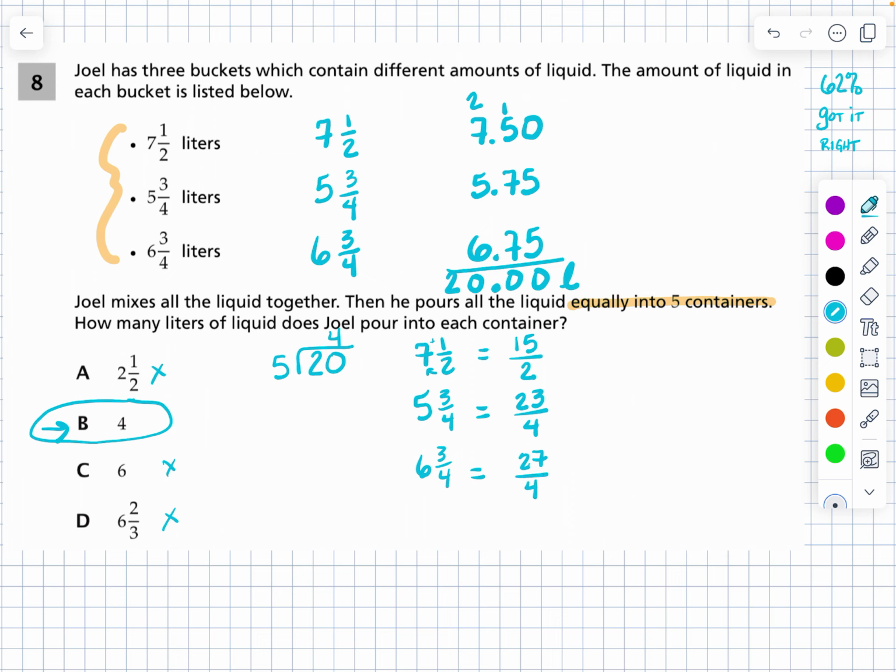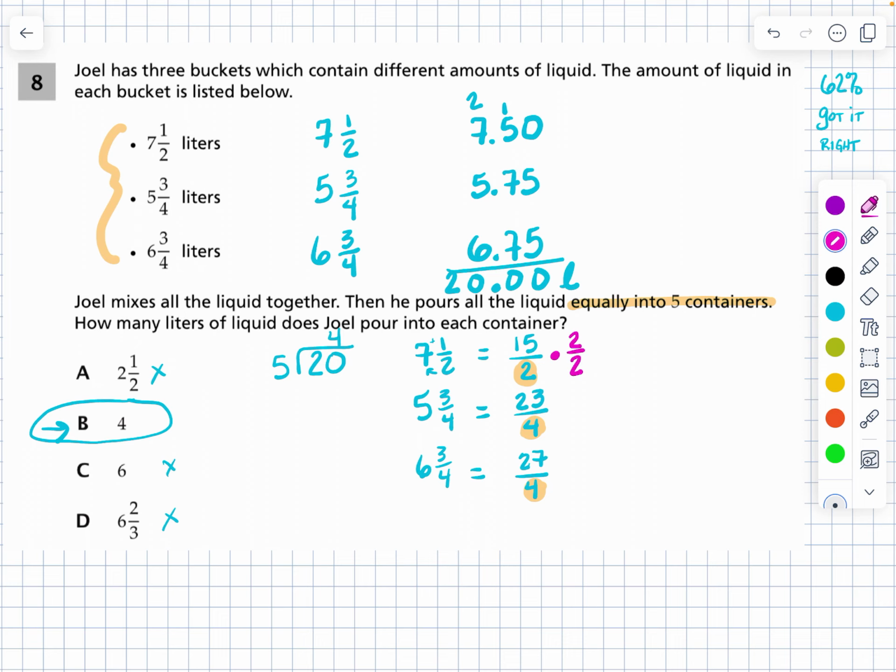All right, now when we're adding fractions, all of these denominators have to be the same, and you can see 15 over 2 is not. So I'm going to change that by multiplying 15 over 2 times 2 over 2. I can do this because 2 over 2 is just 1. I'm not changing the value at all.